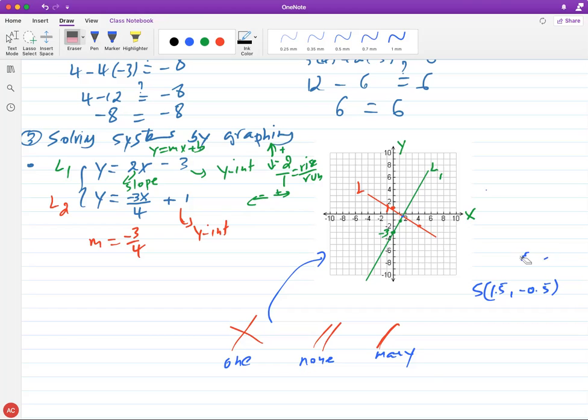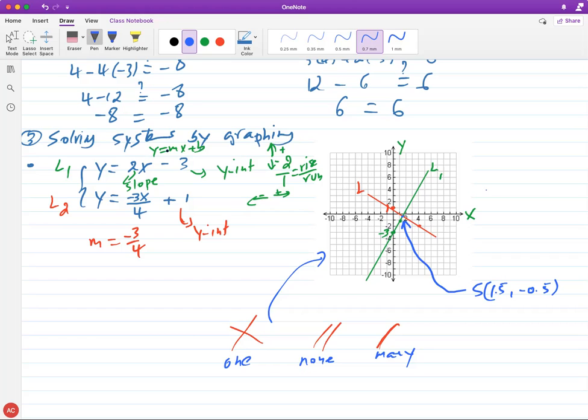And basically that's our solution for the system. It's specifically that intersection there where the lines meet. So that's what we mean by solving systems by graphing. You gotta graph both lines on the same graph and see which case is it from these three.